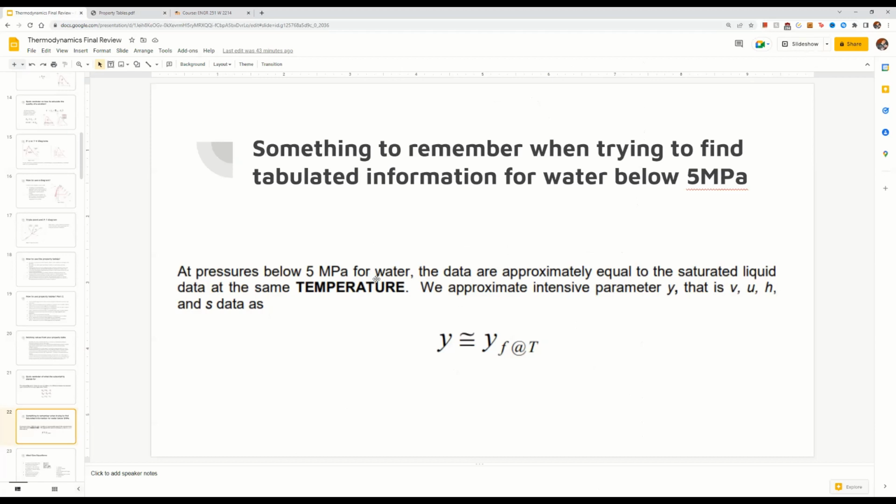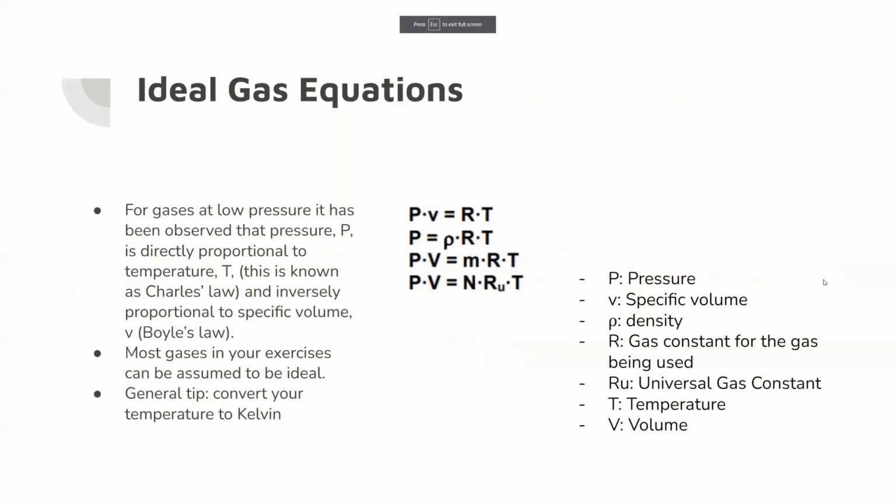So again, if you forget this rule, it'll be in the slides that I'll post. Ideal gas equations. You need to know these. I don't know if they're going to be in your equation sheet, but you should practice enough to have them completely memorized in your head.